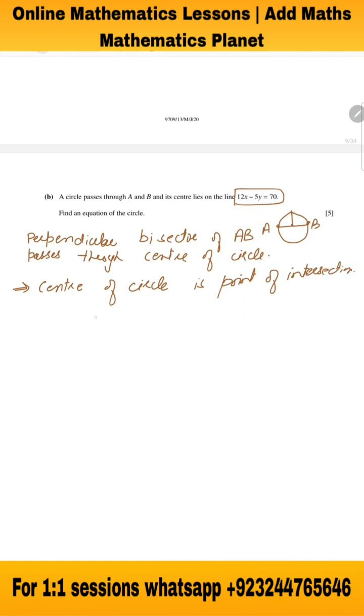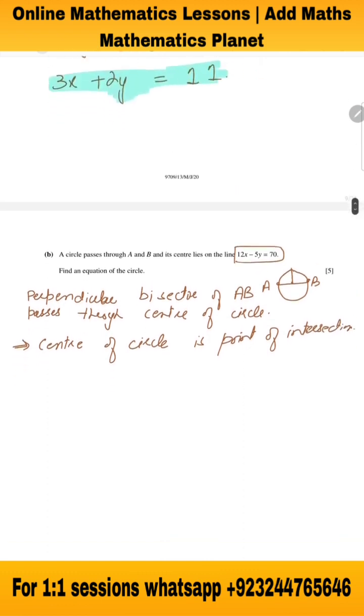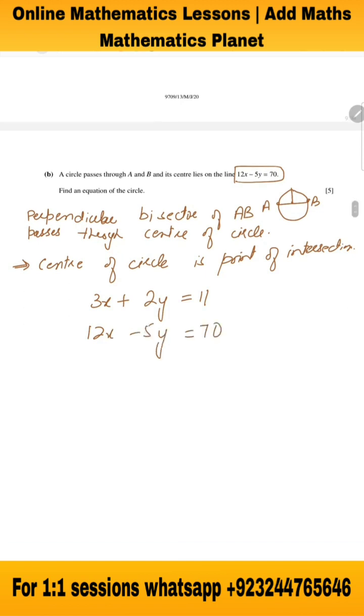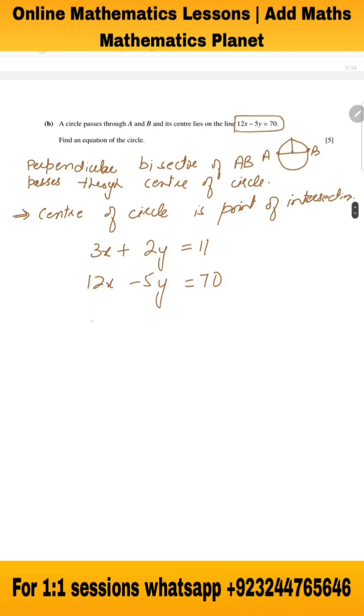Of the two lines, that is, the last line, 3x plus 2y is equal to 11, and 12x minus 5y is equal to 70. So we are going to solve it simultaneously. We can multiply this equation by 4.